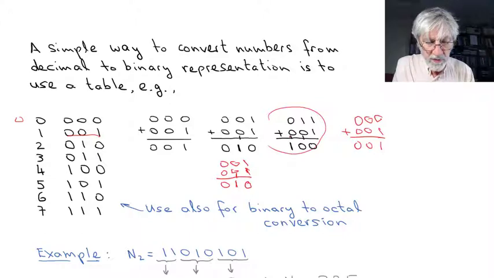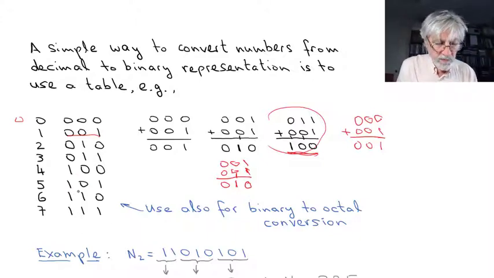We keep a 0 here and the carry. And then we take 0 plus 0 plus 1, and that gives us the 1 here. So we go from 0, 1, 1 to 1, 0, 0. And then we add a 1, we go to 1, 0, 1, 1, 1, 0, and triple 1. So that's one way to think of doing a conversion between decimal and binary: by simply exhaustively writing down all the numbers.